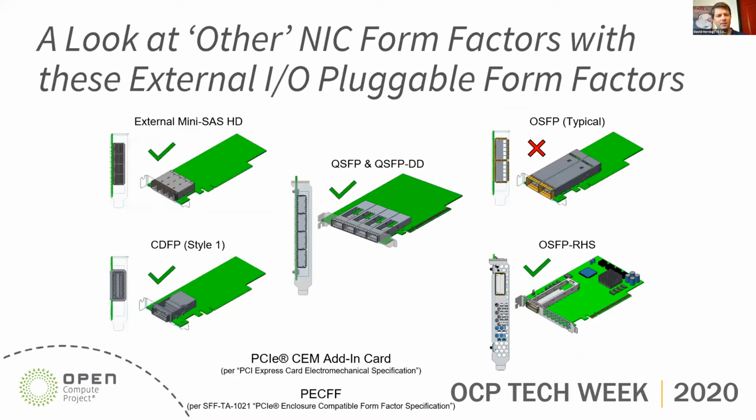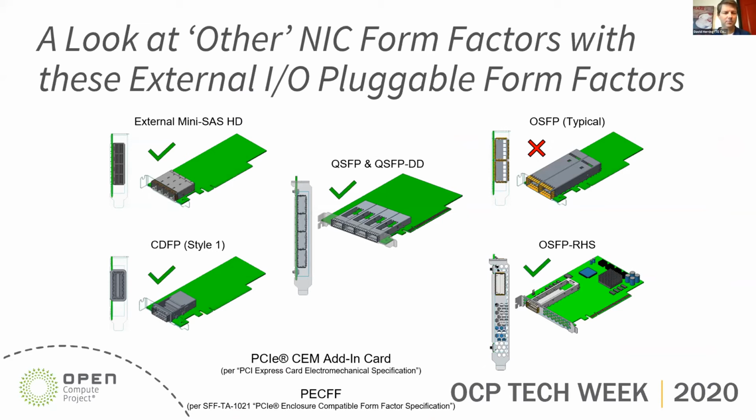Another question might be, when we look at these external form factors, how do these compare with some existing form factors out there? So this is a good data illustration to help show how some of these form factors might fit in something that everyone may have been used to seeing today and in the past.